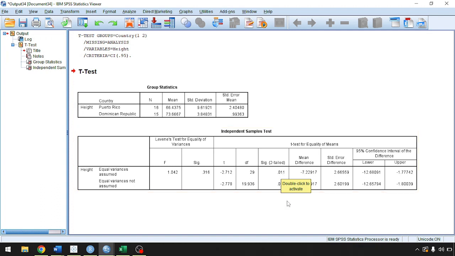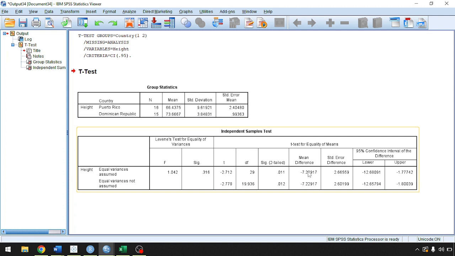So in this case, we can actually reject the null hypothesis that says the nationals in both countries have the same height and say that no, actually, there's statistically significant information to claim that they don't have the same height. Instead, the Dominicans are taller than the Puerto Ricans.